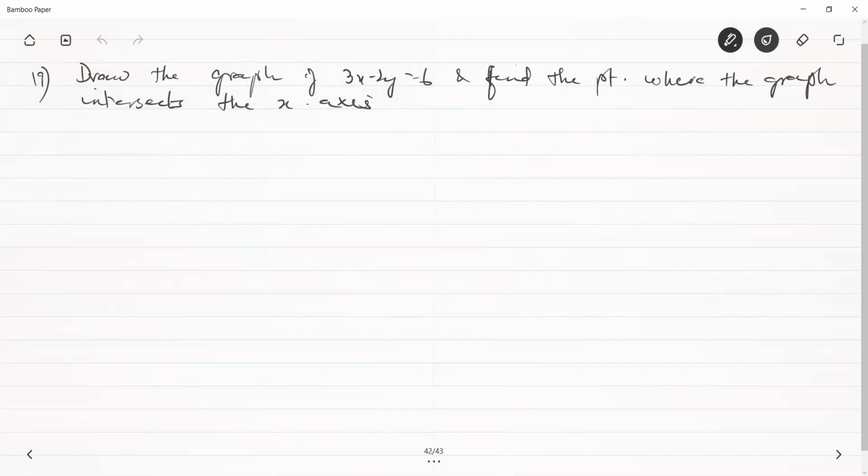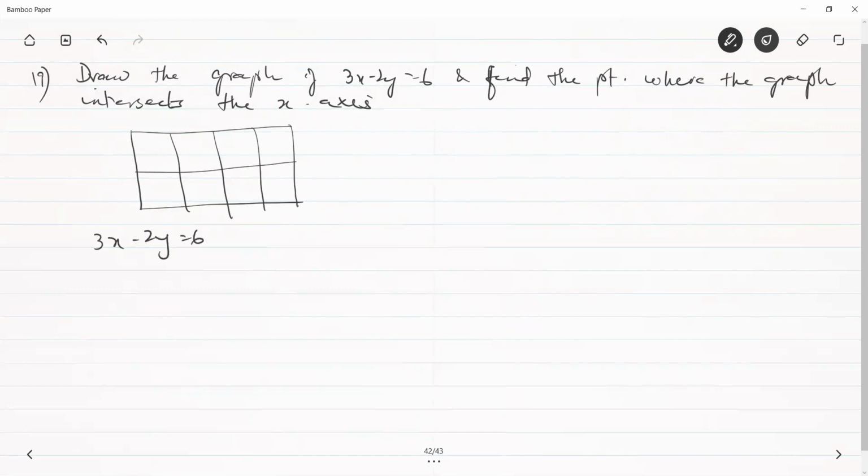Draw the graph of 3x minus 2y is equal to 6 and find the point where the graph intersects the x-axis. So what you will have to do is draw a table. Okay, what is the equation? 3x minus 2y is equal to 6 is the equation. This is x, this is y.